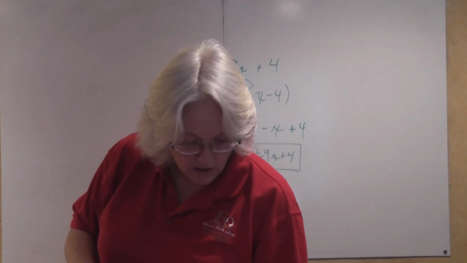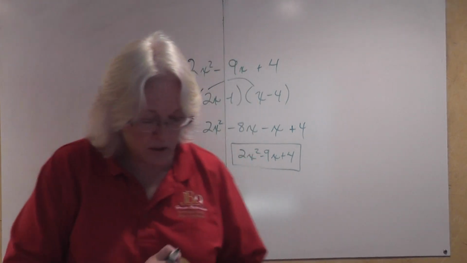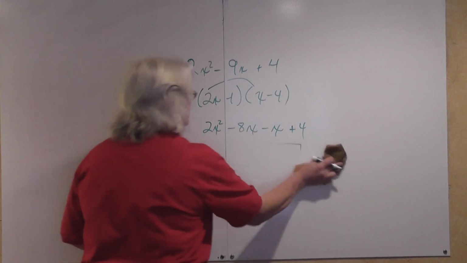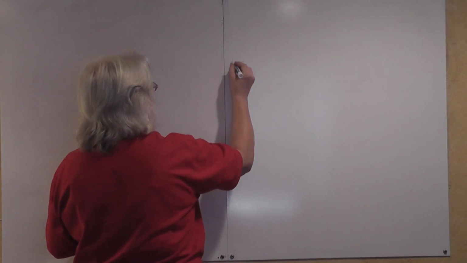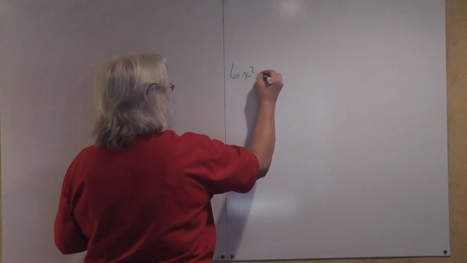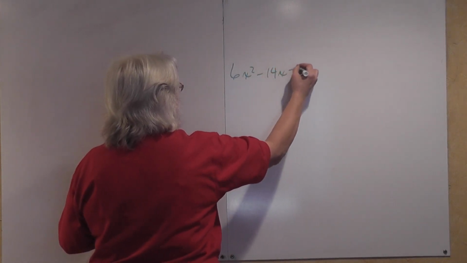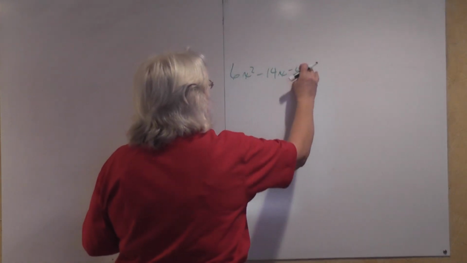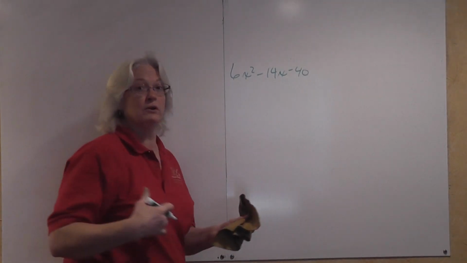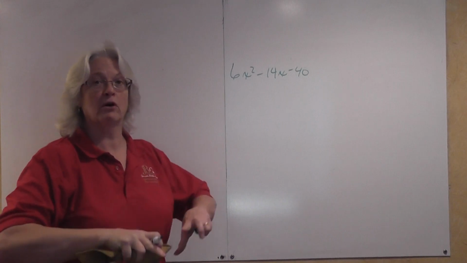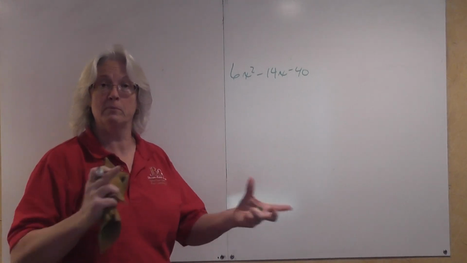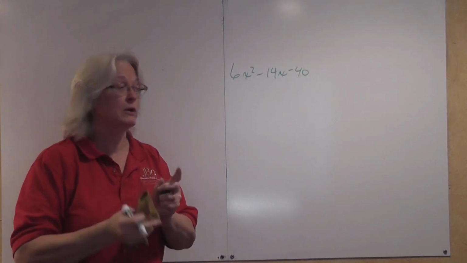So let me do this one here. 6x squared minus 14x minus 40. This is one, I'm not going to do it in exactly the same order that it is in your text, because there are a large number of possible pairings of factors here.